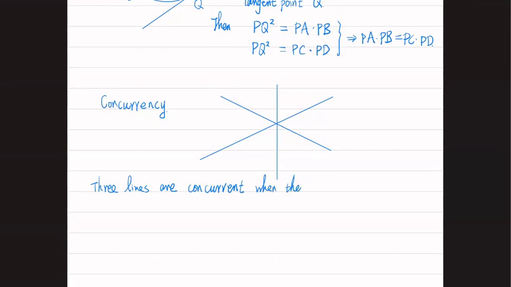They intersect at a single common point. So this point is known as the point of concurrence.